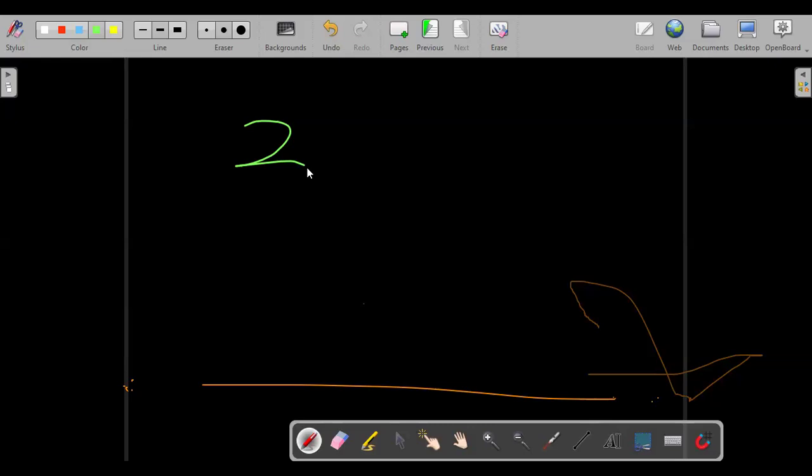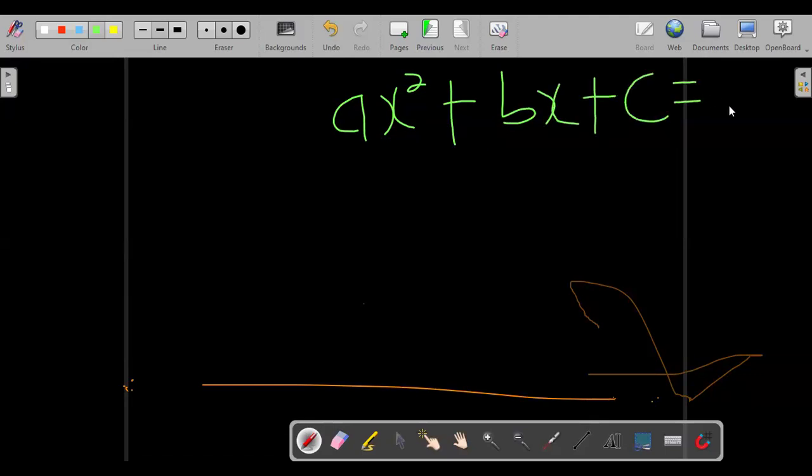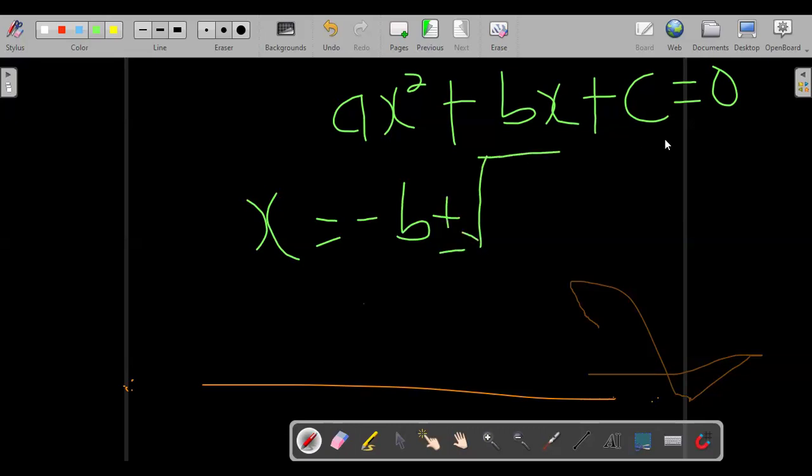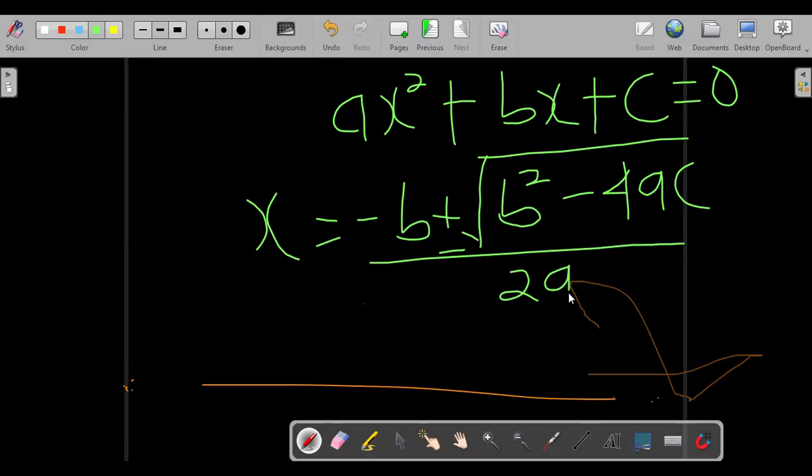Let me quote the quadratic formula. If you have ax squared plus bx plus c equals 0, then x is minus b plus or minus the square root of b squared minus 4ac, over 2a. This formula we call the almighty formula, or the formula method in quadratic equations.